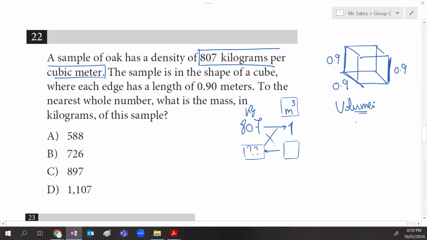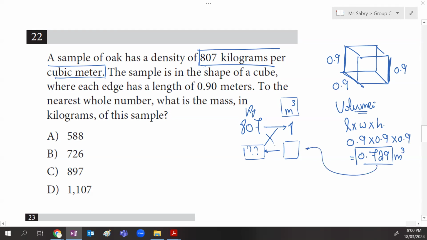So how do I get the volume of a 3D shape? It's length times width times height, يعني base times, or length times width times height, yes. So it's basically 0.9 times 0.9 times 0.9. That is 0.729. This is the volume in meters cubed. I can put that under the 1.